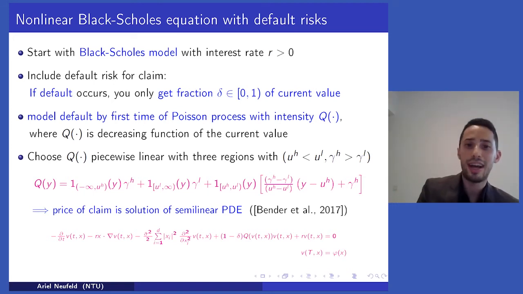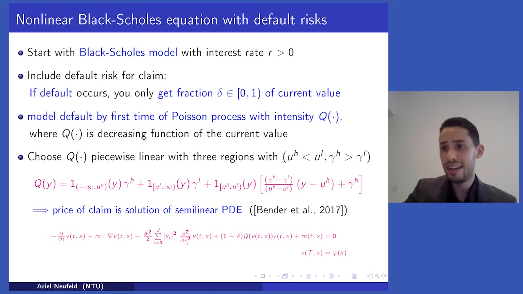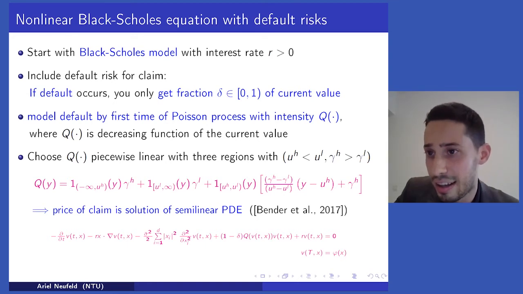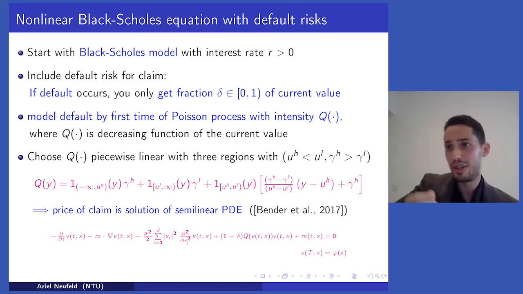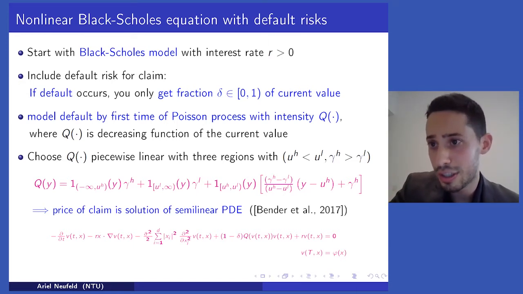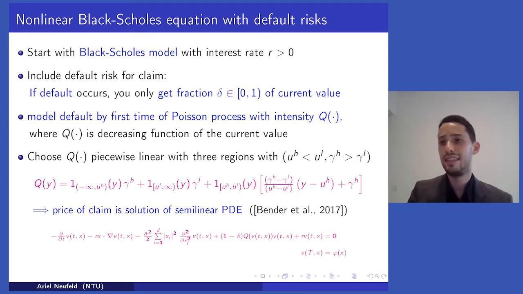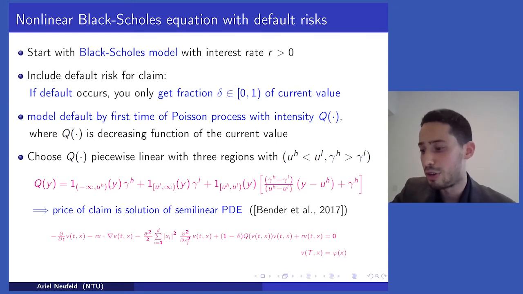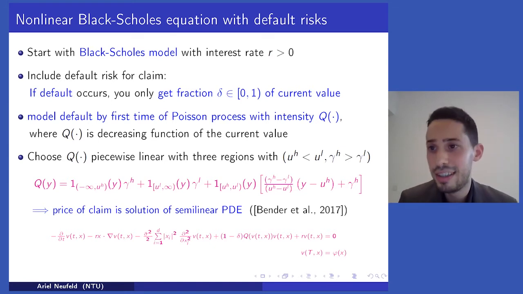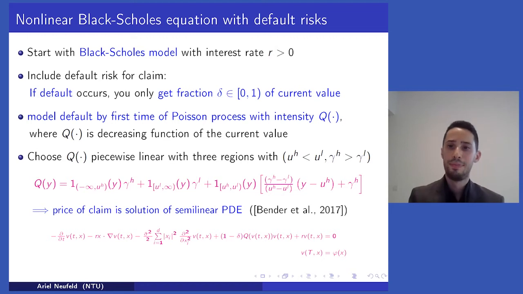So the higher the intensity, the higher the chance that the Poisson process jumps, in other words, the higher the chance that default occurs. So actually you want the intensity to be a non-increasing function of the current value, namely the higher the value of the financial derivative, the less risk you should have that default occurs, or equivalently, the lower the value of the financial derivative, the higher the risk that default occurs.